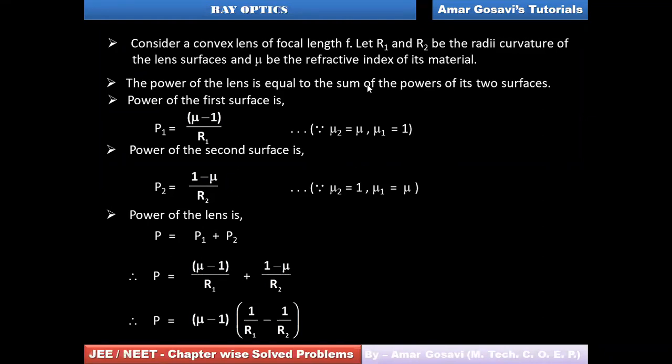Second thing we have studied is the power of lens, and we established an equation for power of lens with all the terminologies very clear in our mind. So henceforth, if we require to use this concept to solve a problem, I believe these concepts would stay in your mind for a longer span of time.